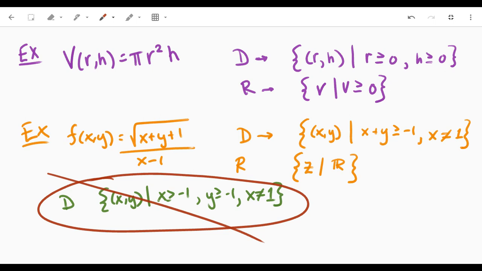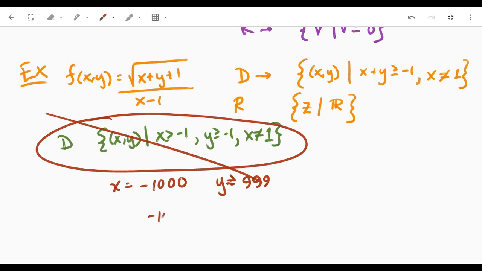But think about it. x could be -1000, and that would be fine, just as long as y would be 999 or larger, right? Because then the -1000 plus the 999 plus the 1 equals 0, and you're good. That's what I mean by consider them together.